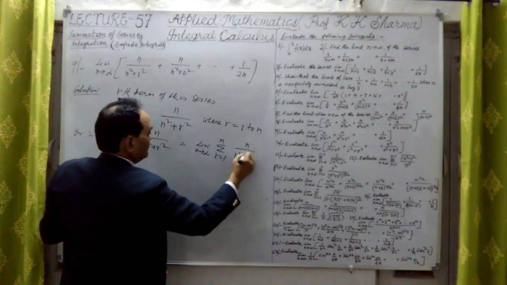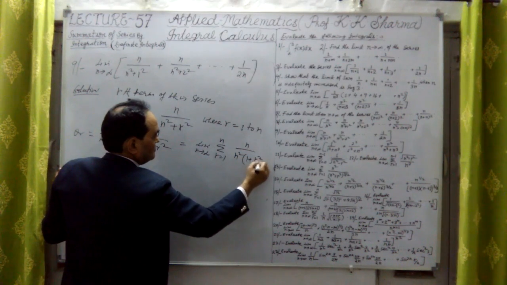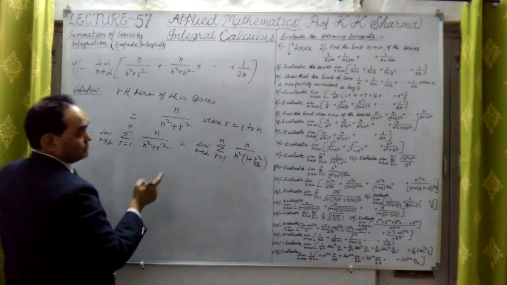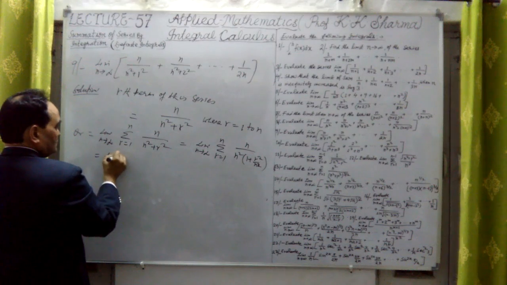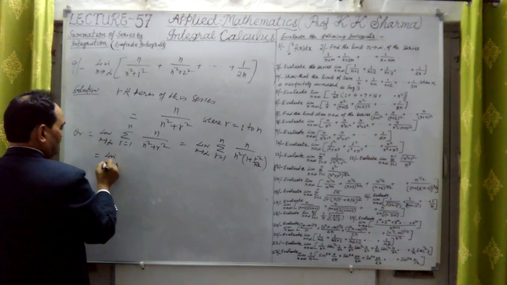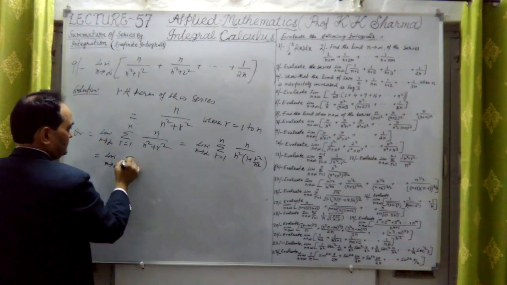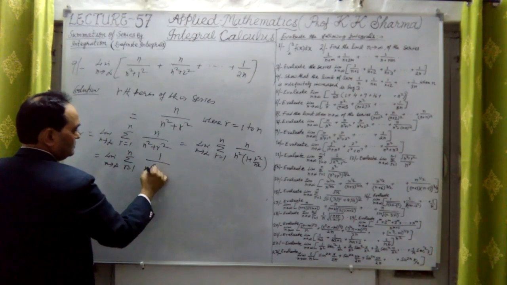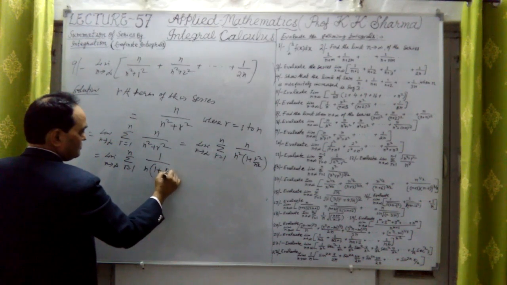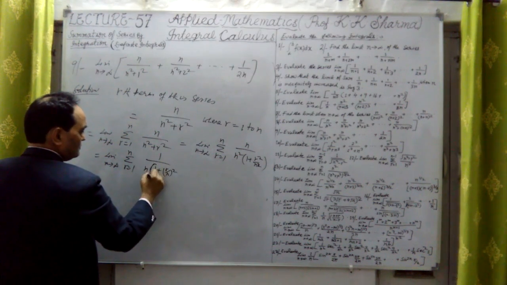I take n square common, it is 1 plus r square upon n square. Sorry, that means r upon n whole square. So this is equal to limit n tends to infinity, sigma r is equal to 1 to n, 1 upon n into 1 plus r upon n whole square.